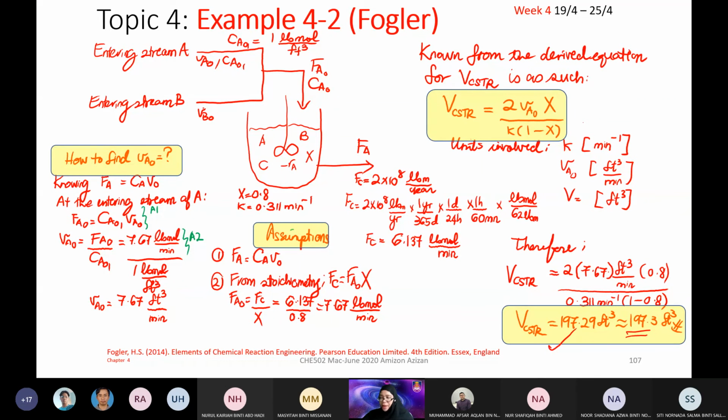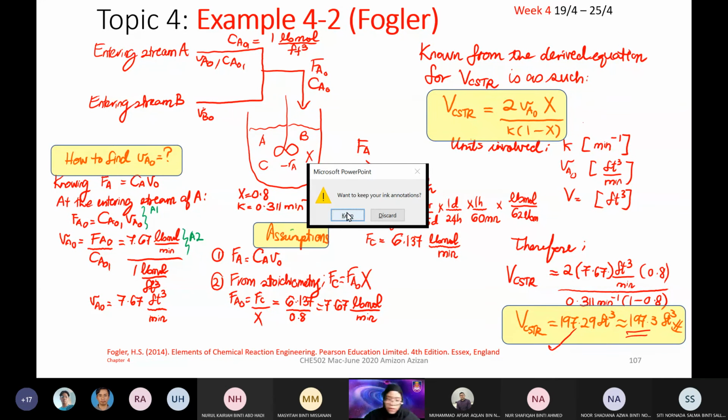Try the numerical method and also the integral method, the Levenspiel plot, the direct algebraic form method, yeah, for batch or the CSTR. All right. So do you have any questions so far?